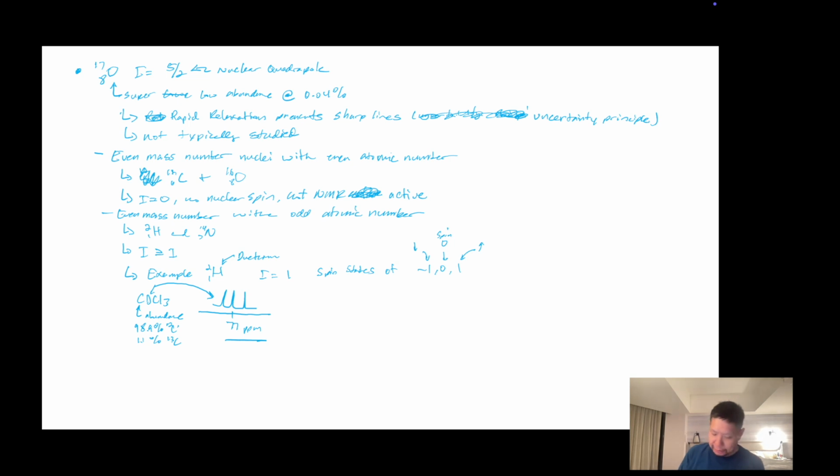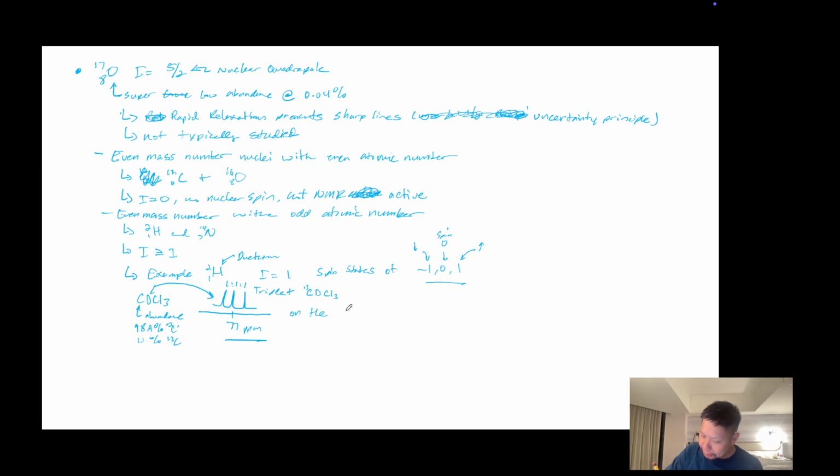The other interesting thing, like I was saying before, is that you've seen the manifestation of these -1, 0, 1 spin states of deuterium, because each of these peaks represents what we call a 1 to 1 to 1 triplet, and it represents the deuteriums that are attached to the carbon-13s of chloroform D. That's really neat.